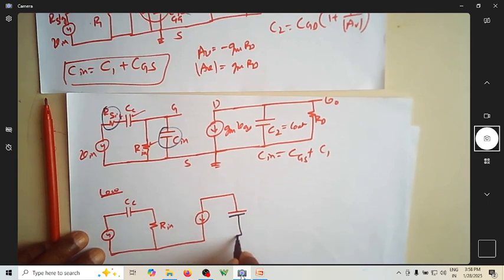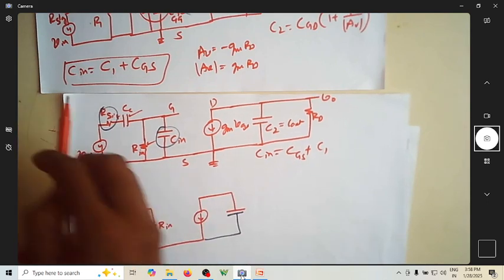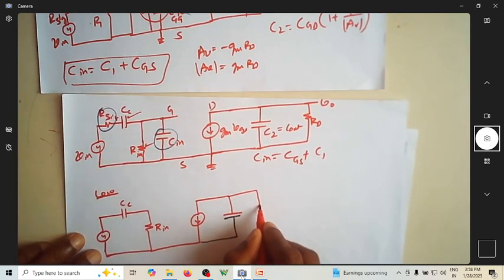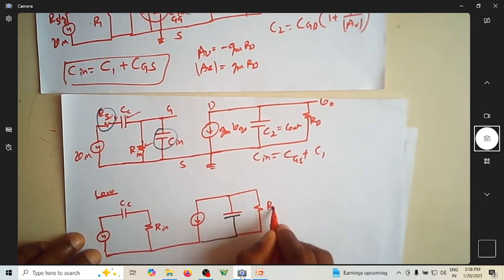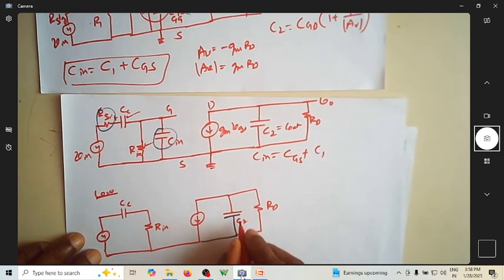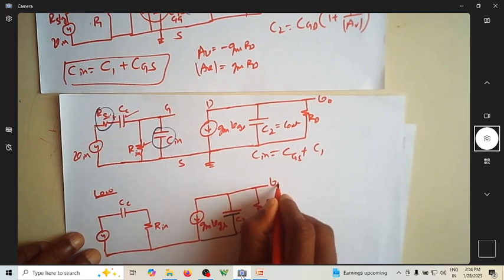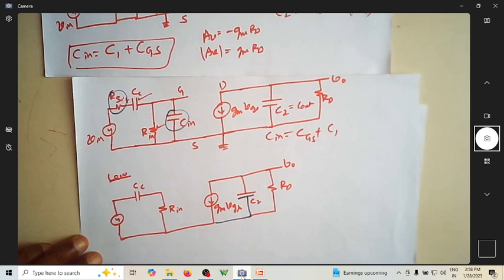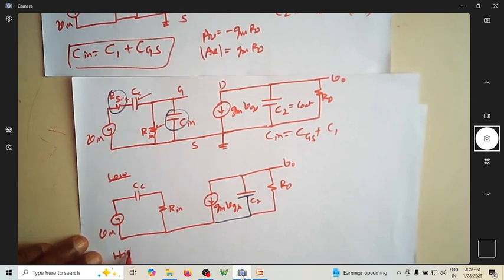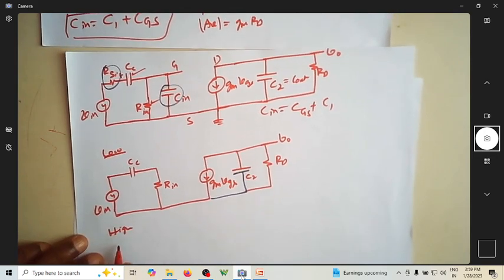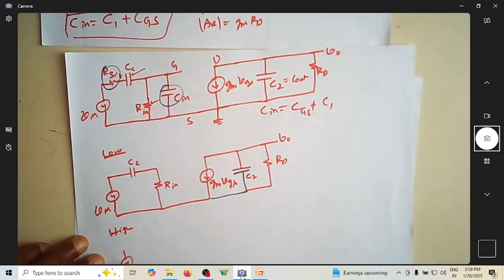And of course on the other side, there's no selection, because this RD and C2 will be considered for whatever frequency, cutoff frequency comes out. And this is V in. When you are considering at high frequency, we will consider this.